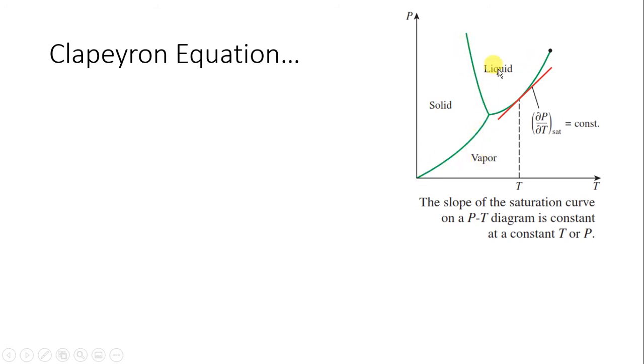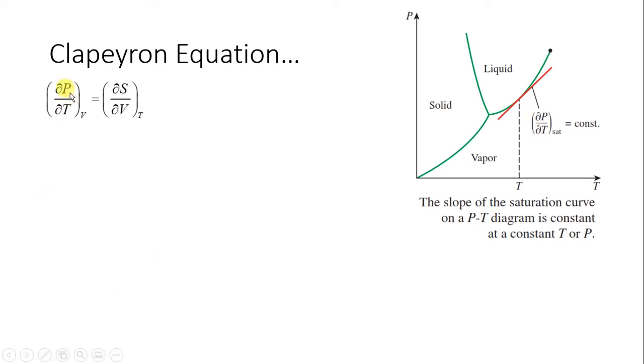This is the vapor region. This is the liquid region. Why this is solid and why this is vapor, we will see afterwards. Now when I consider dou P by dou T at saturation, that is constant. This is a line we are drawing over here to a curve, and that indicates the slope on the PT diagram.